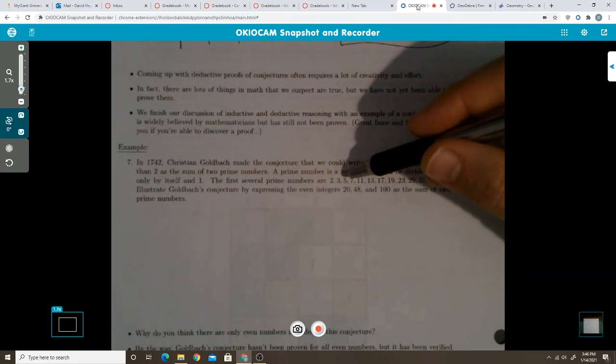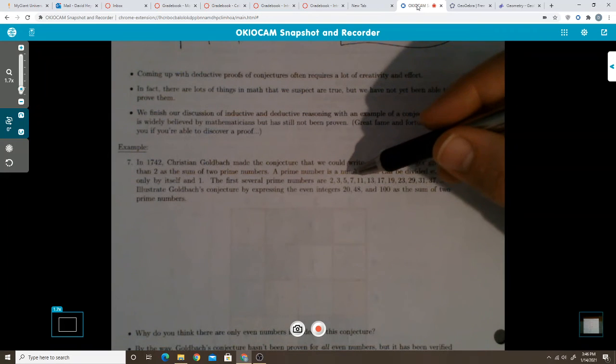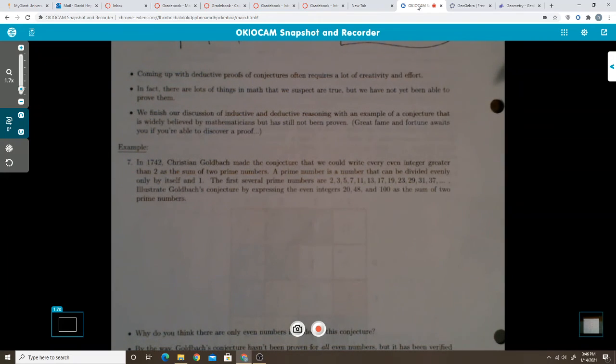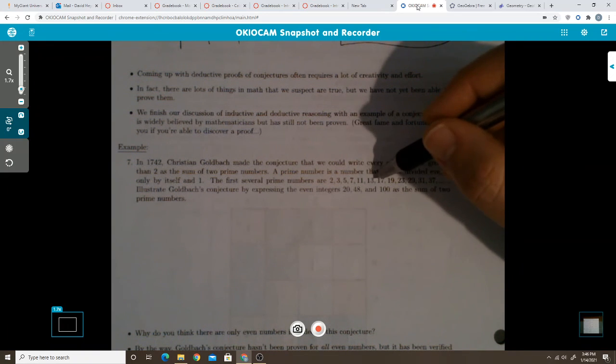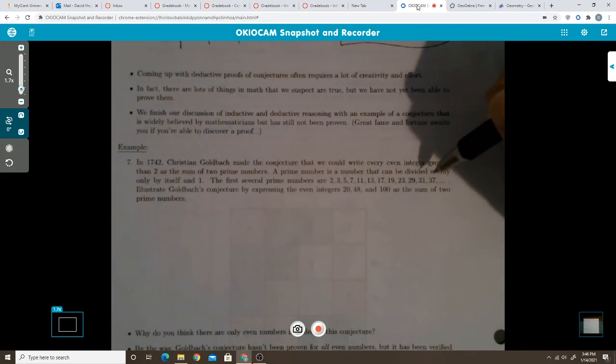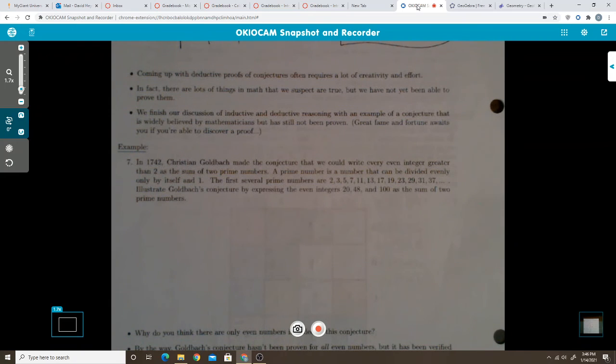So 4 is not prime. 5 is prime, 6 is not prime, 7 is prime, 8, 9, and 10 are not prime. 8 can be divisible by 4, 9 is divisible by 3, 10 is divisible by 5, right? But 11 is prime, 13 is prime, 17, 19, 23, 29. And then they start to get further and further spaced out, okay?